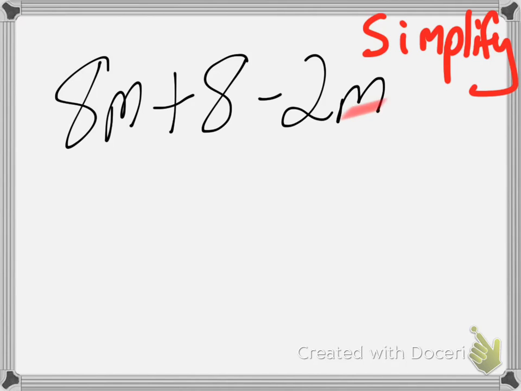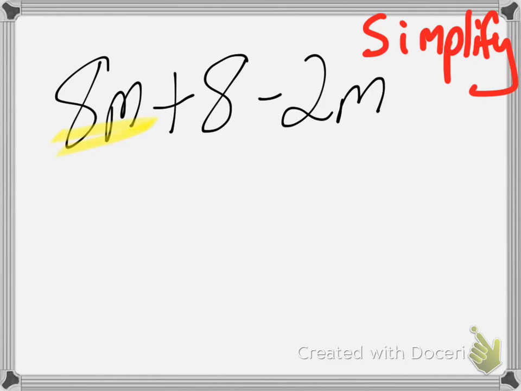That's what a variable is. Well, I've got an M and I've got an M right there. Those are both M's, and they both have the same exponent of 1.